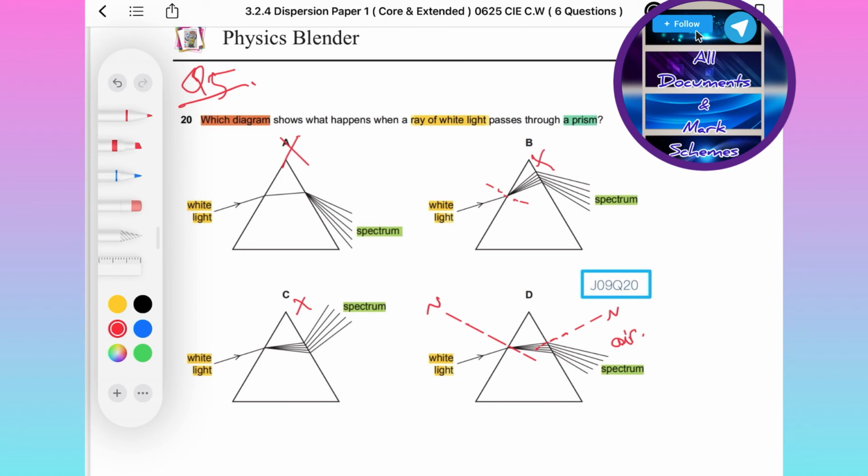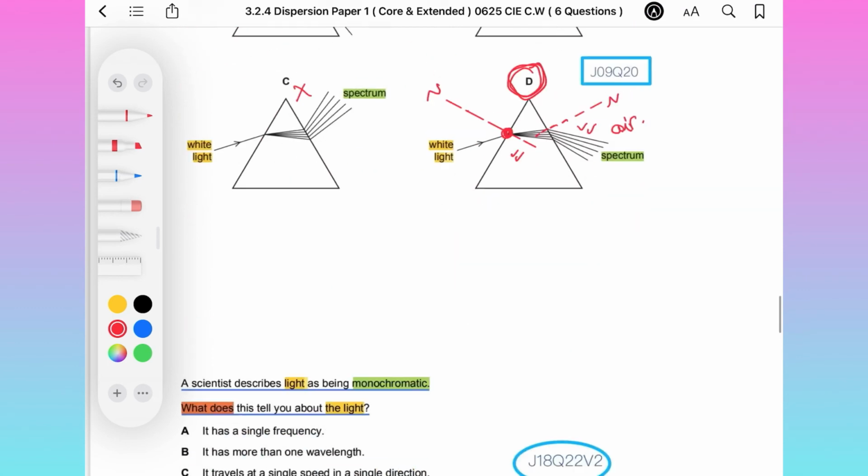So the correct answer is D, which means the white light will be split into 7 colors. Each ray will refract towards the normal at the first face and away from the normal at the second face. Is it clear?